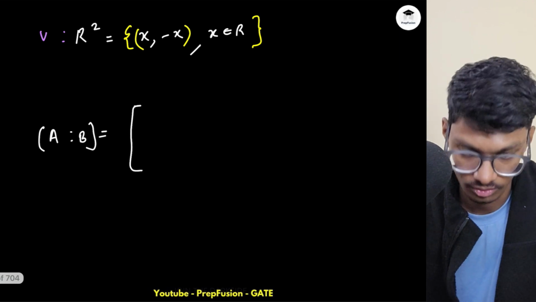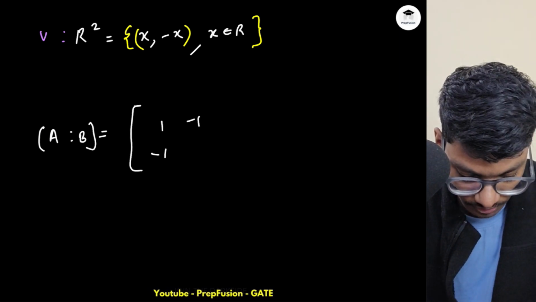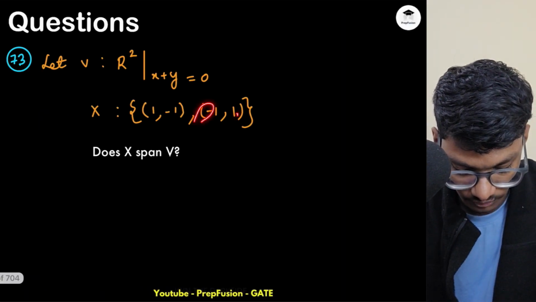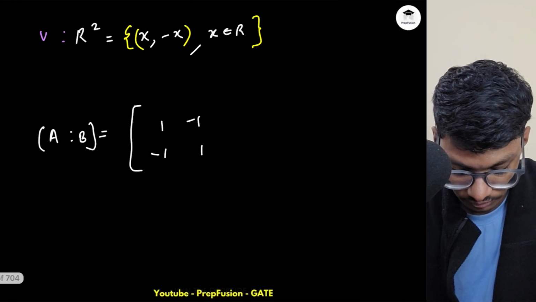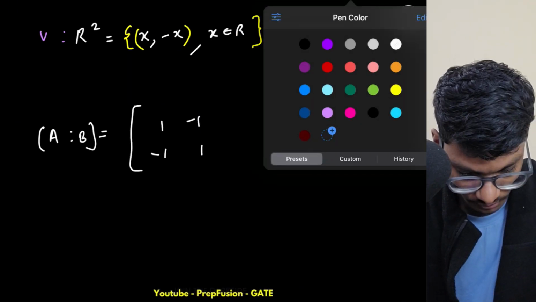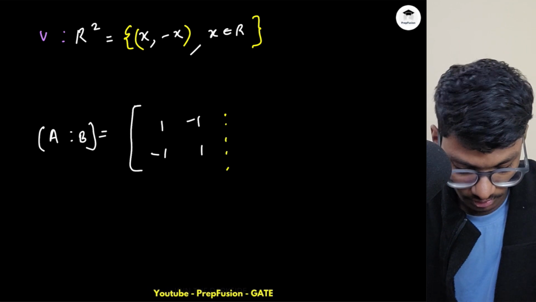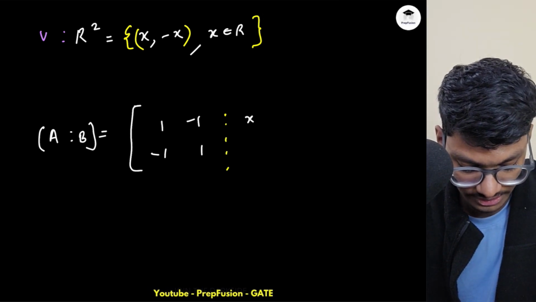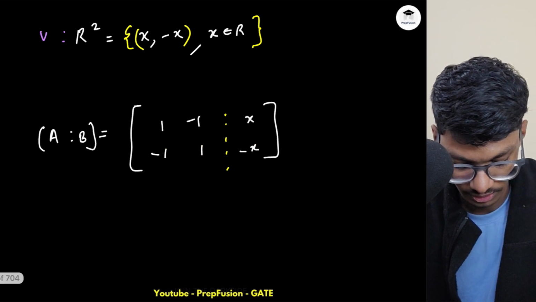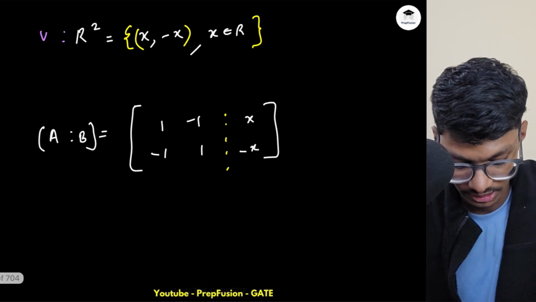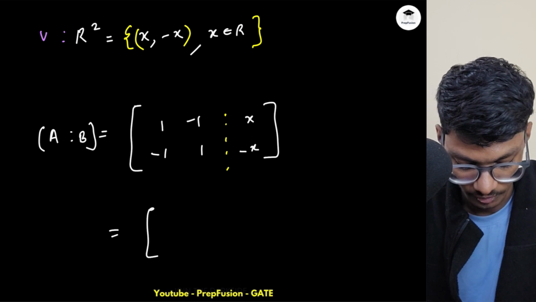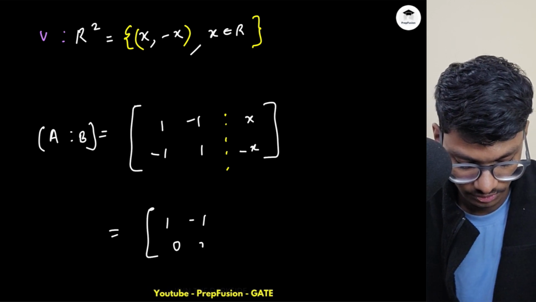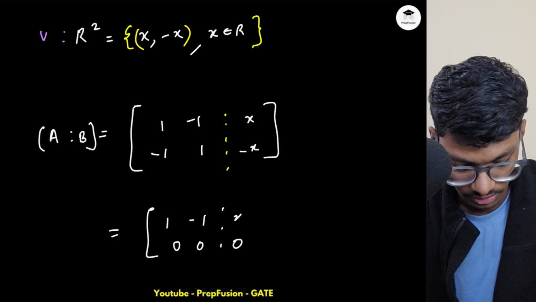So this will be 1, minus 1, and then minus 1, 1. Here what do we have? We have x and minus x. Now again let's convert this into the row echelon format. So this will be minus 1, 0, this will be 0, 0, and this will be 0, and this is x.